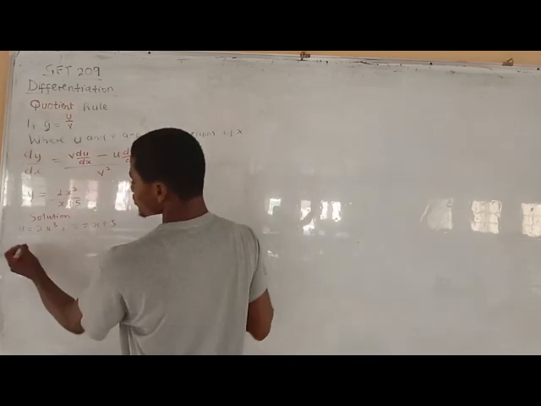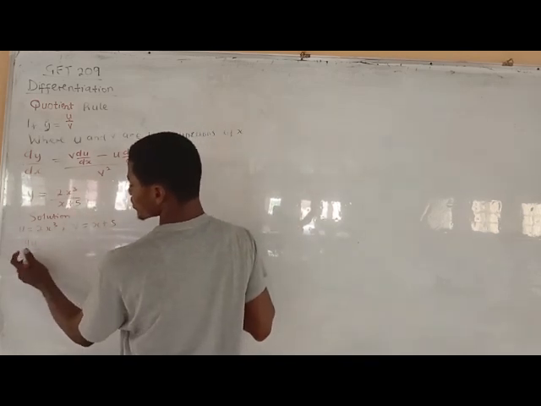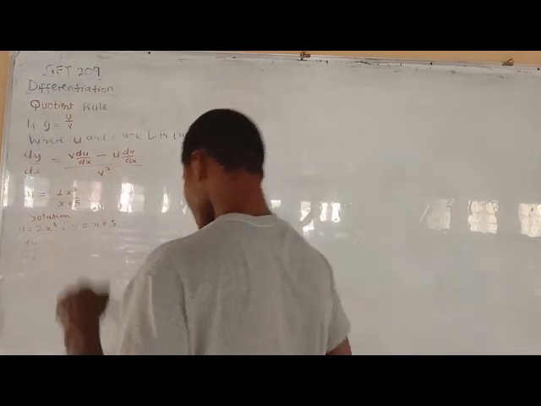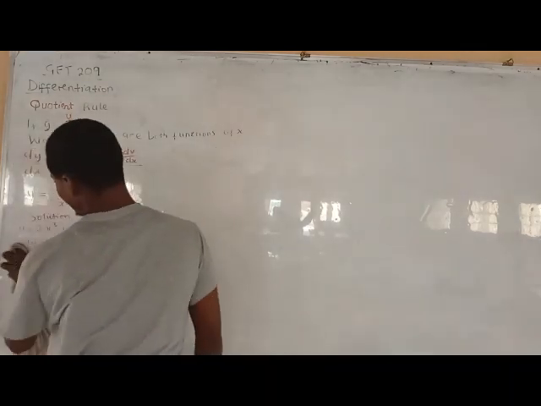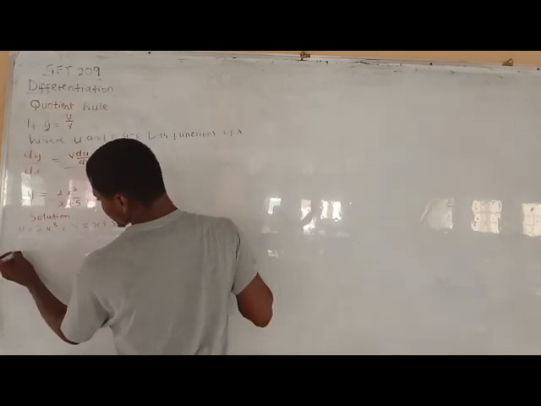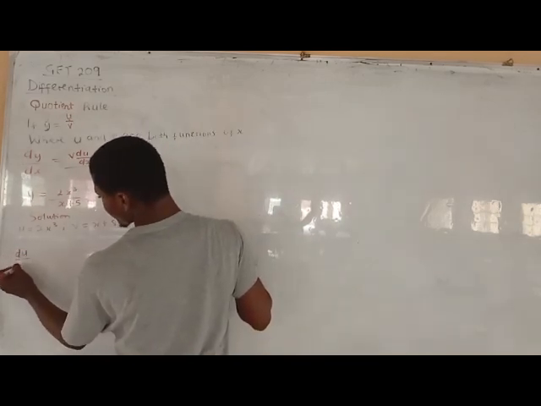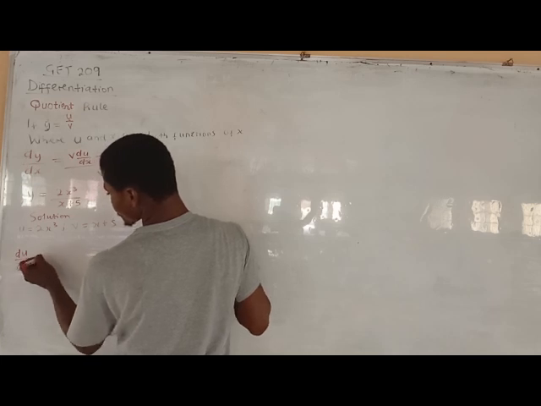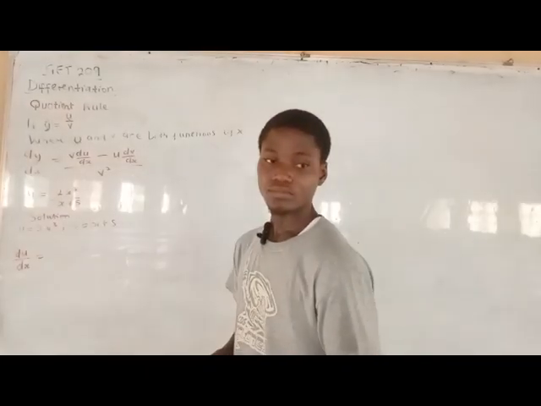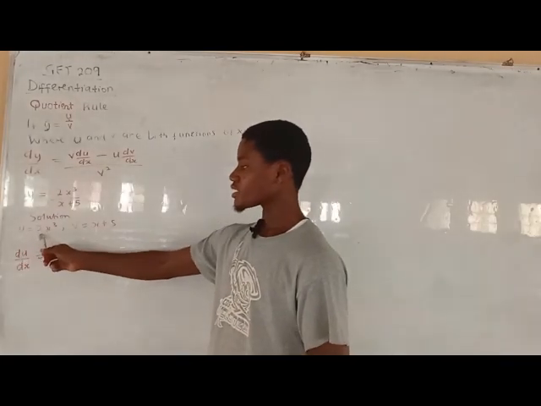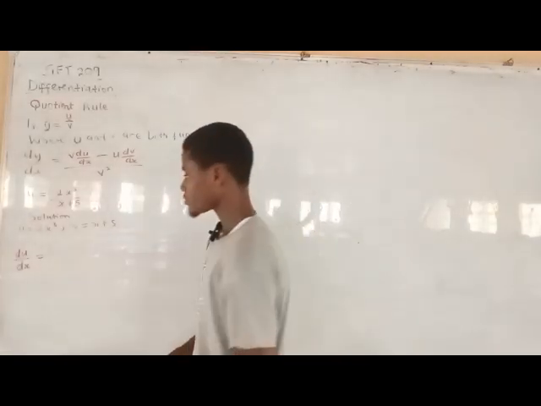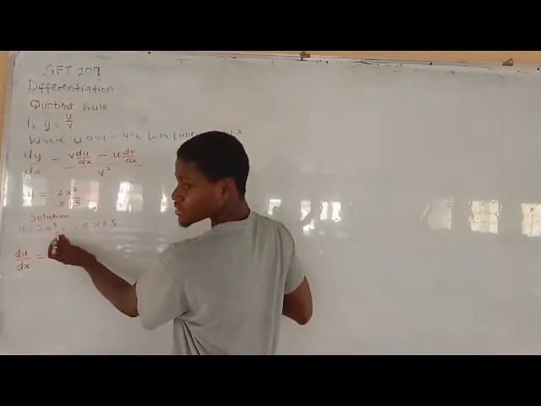We know that du over dx equals what? From our general formula, u equals 2x cubed, right?